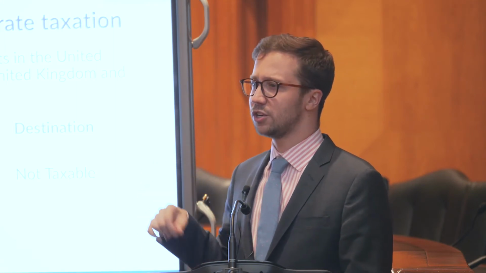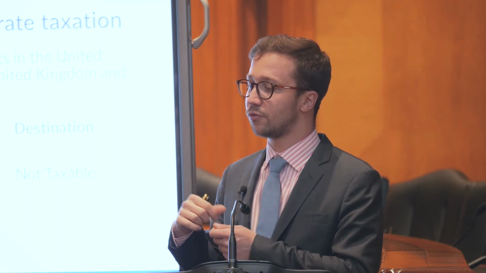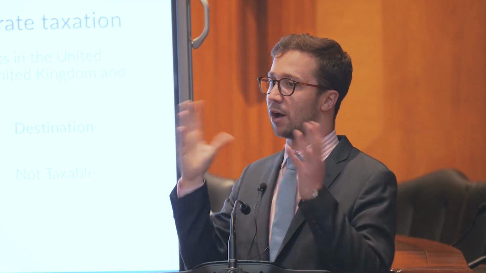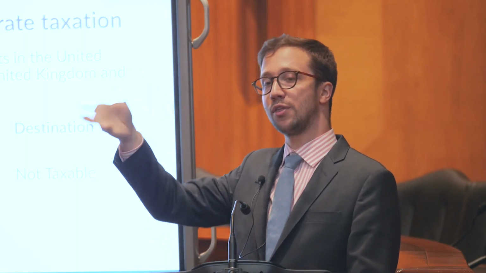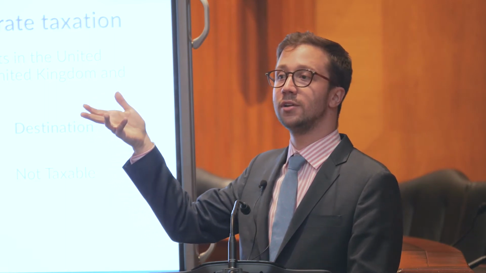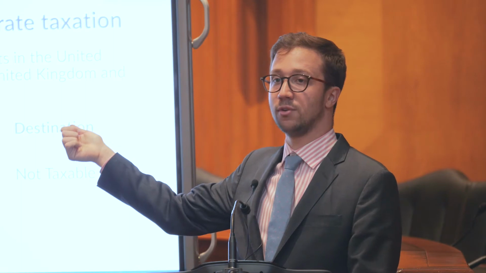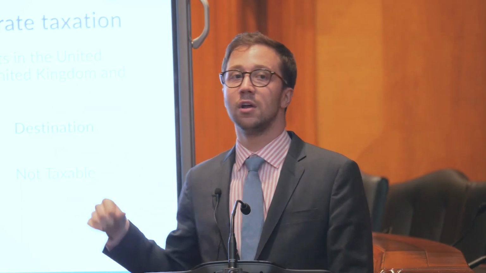Now, under a destination-based system, thinking about this, flipping this in reverse just to make it a little clearer how it works holistically, say everything was flipped about this transaction. It's a United Kingdom firm, the factory is in the United Kingdom, and the widgets are being sold into the United States.